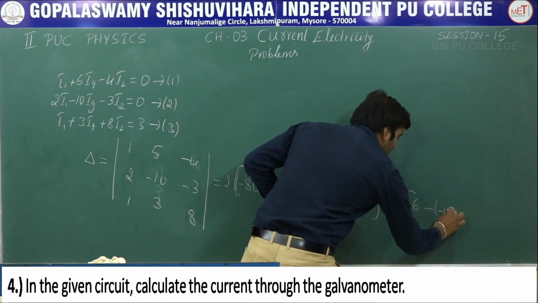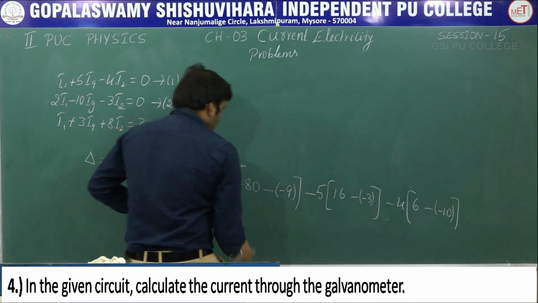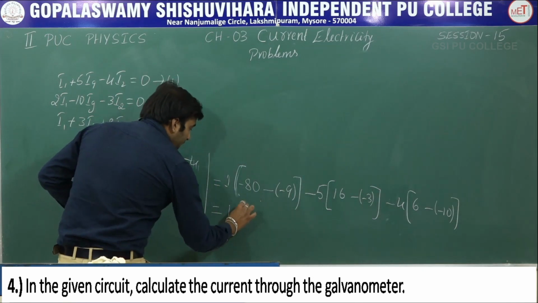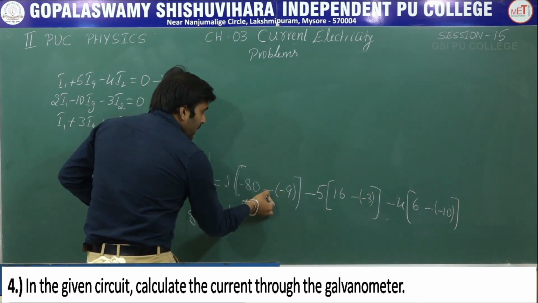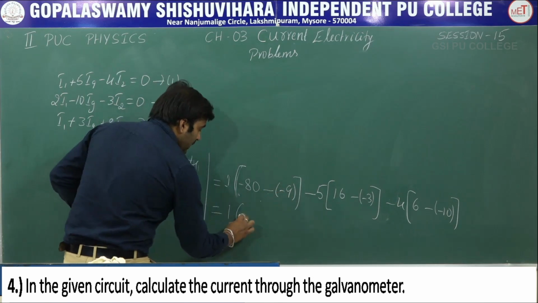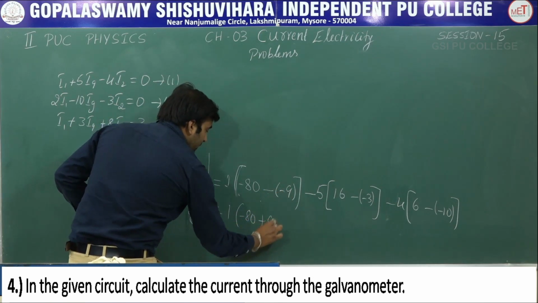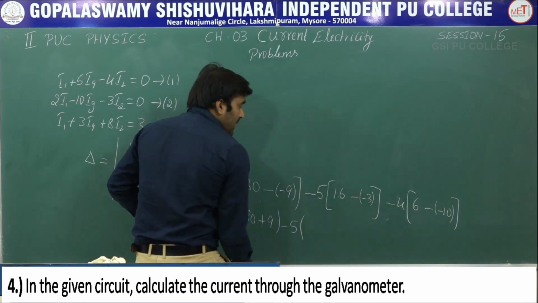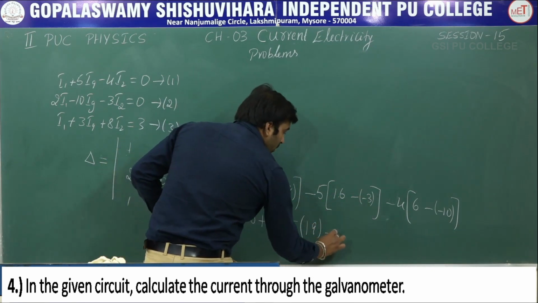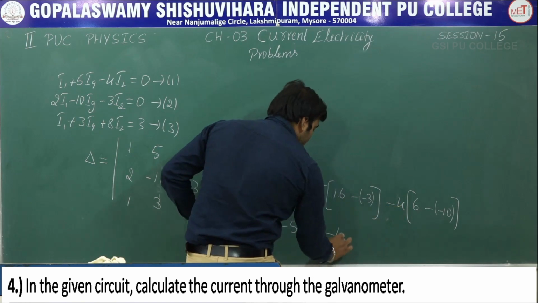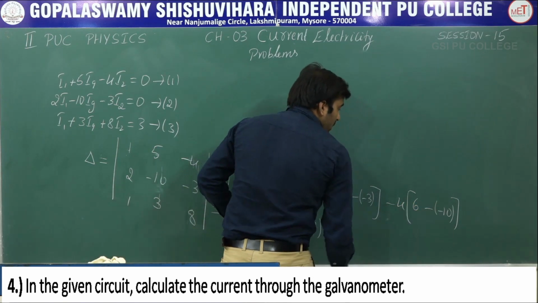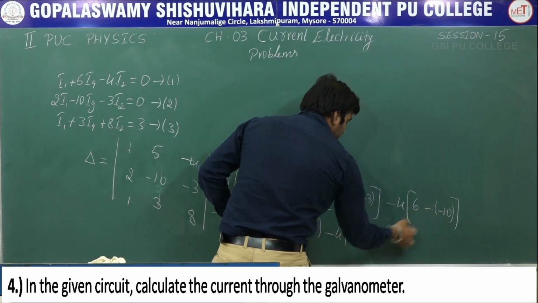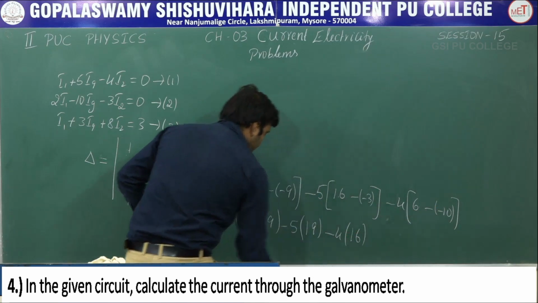Therefore, this will be minus 10. Now, this is 1 into minus 80 minus into minus is plus, so plus 9. Minus 80 plus 9, minus of 5 into 16 plus 3, this is 19, minus 4 into 6, minus of minus is plus, 10 plus 6 is 16.